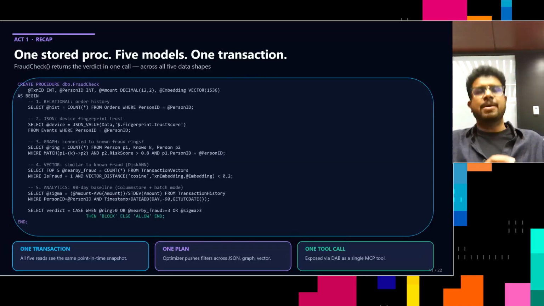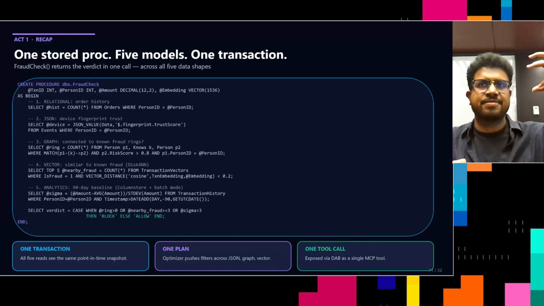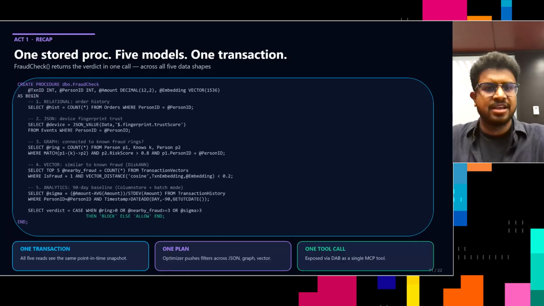So now combine all this story, right? Let's look at all of this. You have JSON. You got the order history of a person using relational. That's what I'm kind of doing with this.